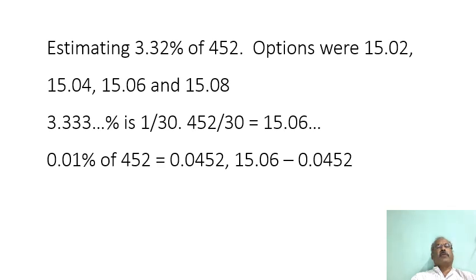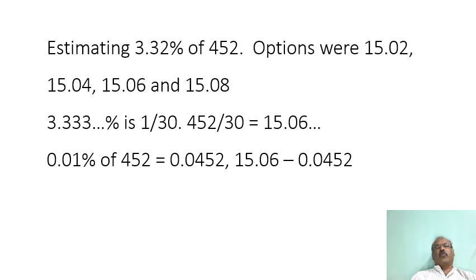Let us come to estimating 3.32% of 452. The given options were 15.02, 15.04, 15.06, and 15.08. Now, one third is 33.33 percent roughly. So 3.33% is roughly 1 over 30 of the number. 452 by 30 equals 15.06 nearly.